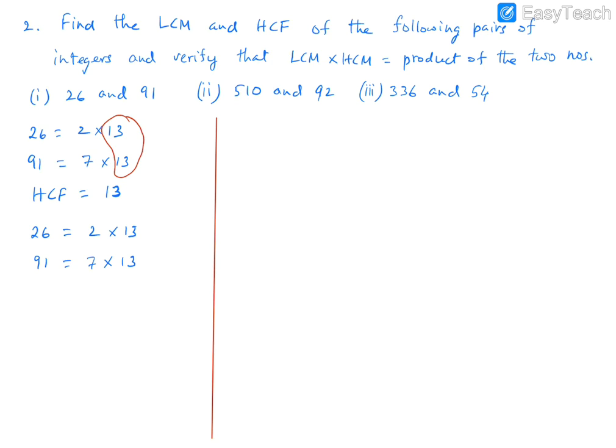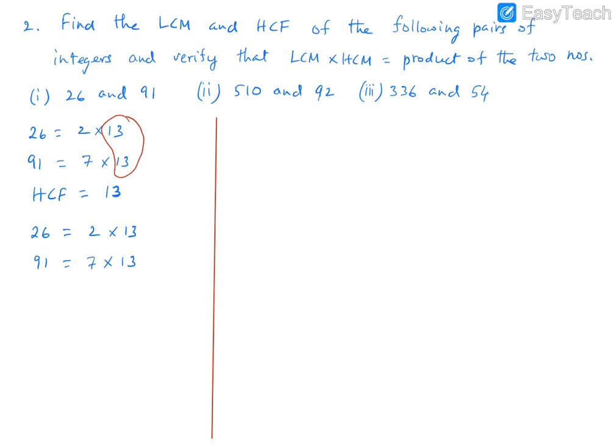So the prime factors involved in the factorizations of 26 and 91 are 2, 7, and 13. So the greatest power of 2 is 2 power 1, the greatest power of 7 is 7 power 1, and the greatest power of 13 is 13 power 1.